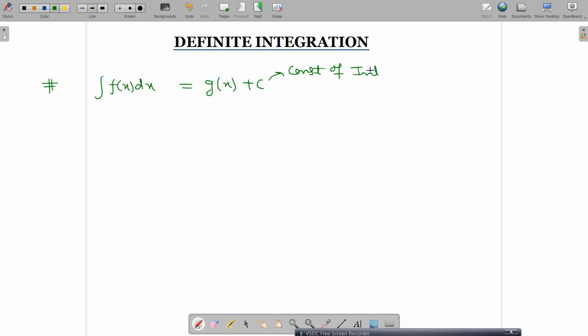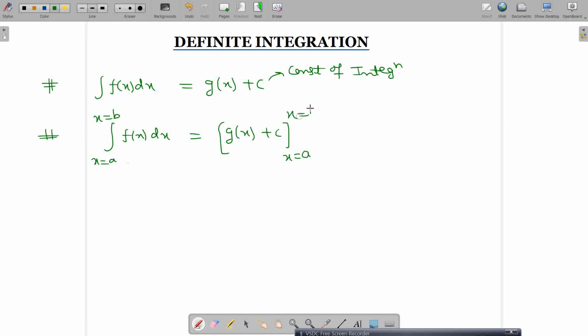All right. Now, when we talk about definite integration, what does it mean? That we just put in the limits over this integration sign, that is x equals a to x equals b, f of x dx. So the answer is g of x plus c. But now there is a change that we put in the limits here also.